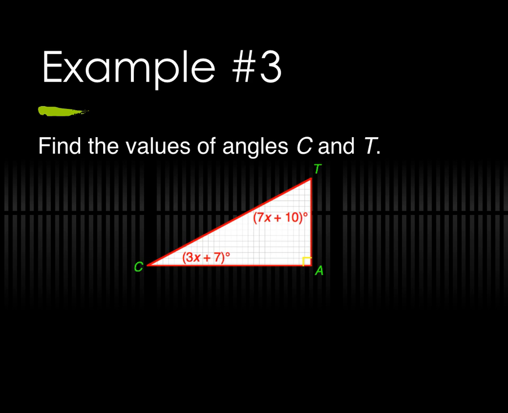I did 3x plus 7 plus 7x plus 10 plus 90 equals 180. Perfect. Your setup is perfect. And then I combined like terms and I subtracted 107 from both sides, 180 minus 107 is 93. Aha, there you go. Check your math there. 180 minus 107 is 73.